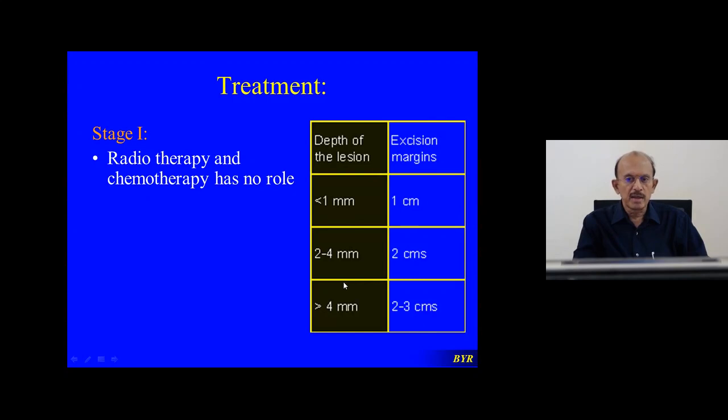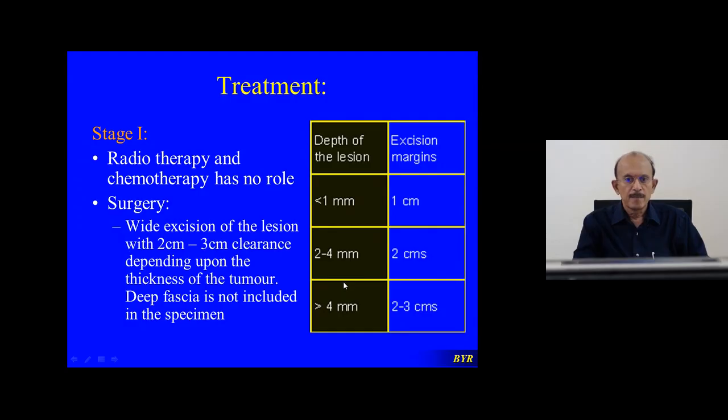Radiotherapy and chemotherapy has no role for the stage 1 lesions. Surgery, wide excision of the lesion with 2 to 3 centimeters clearance. Here you go for more clearance depending upon the thickness of the tumor. Deep fascia is not included in the specimen, so you leave behind the deep fascia.